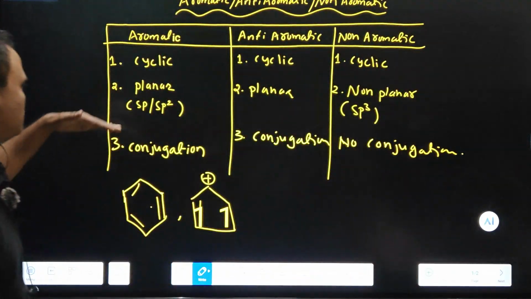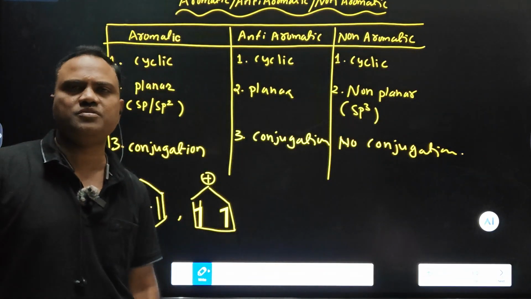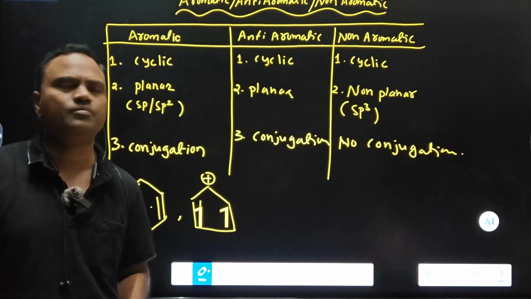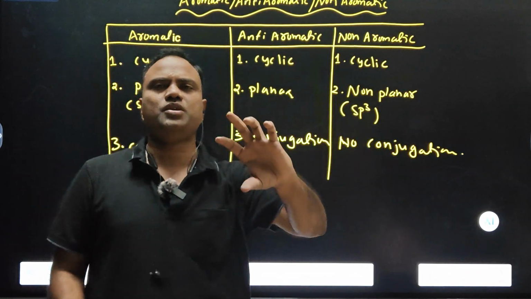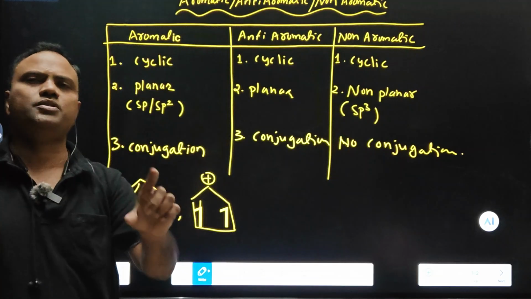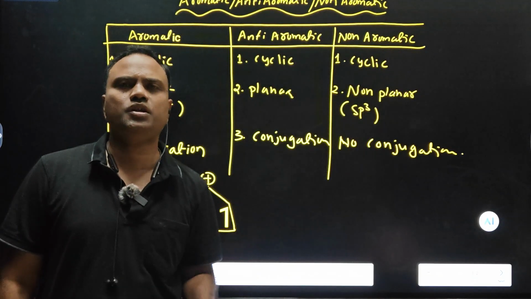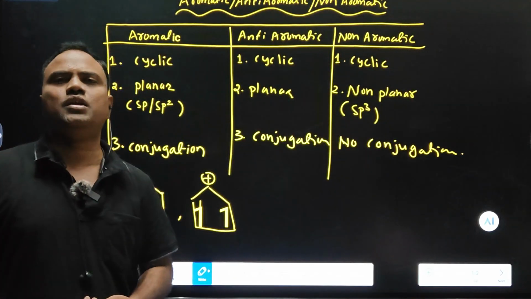Look at these two. Here conjugation is present, and here also conjugation is present. Then how can we differentiate which is anti-aromatic and which is aromatic? We can differentiate non-aromatic easily by observing an sp3 carbon. If an sp3 carbon is present, then the compound is non-aromatic. No need to worry about non-aromatic. But how can we differentiate aromatic and anti-aromatic?